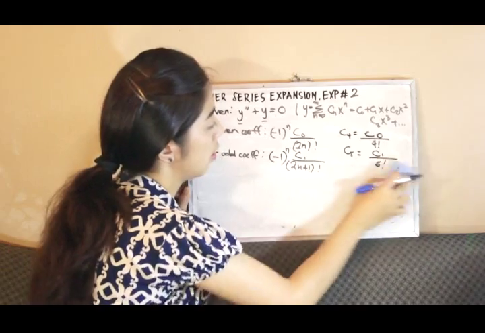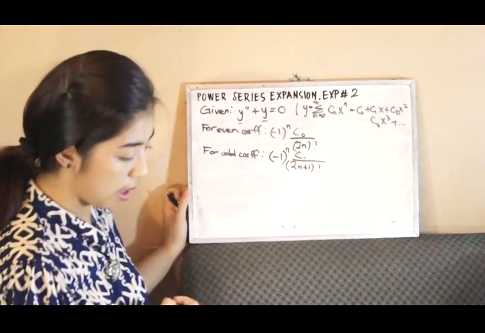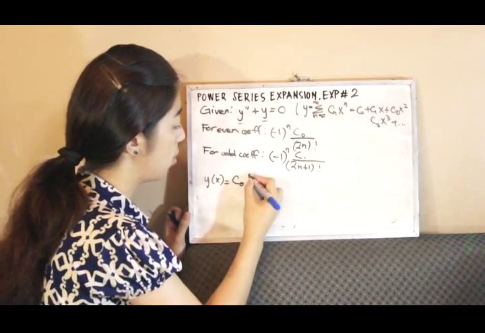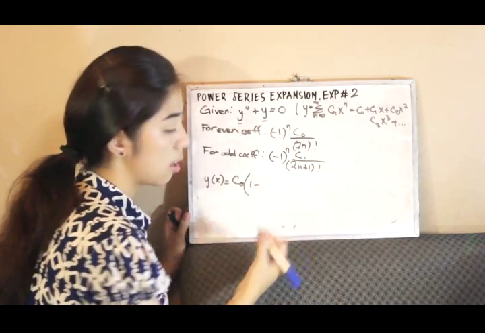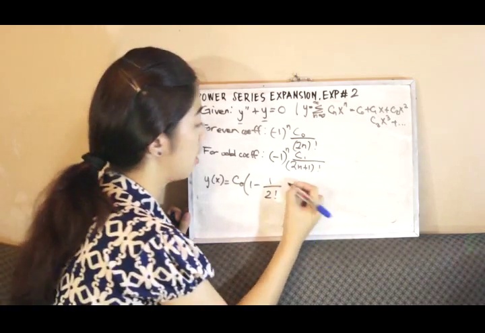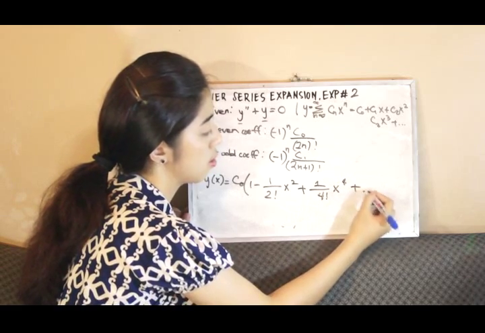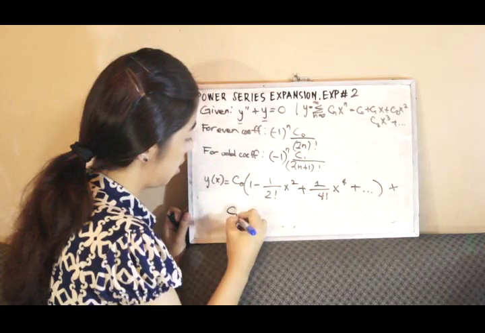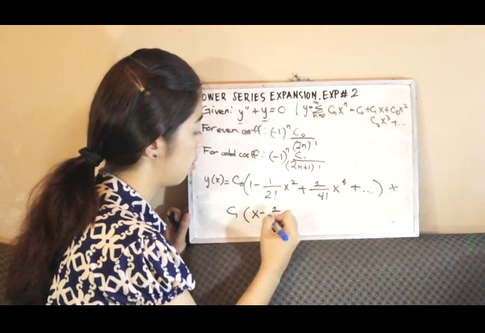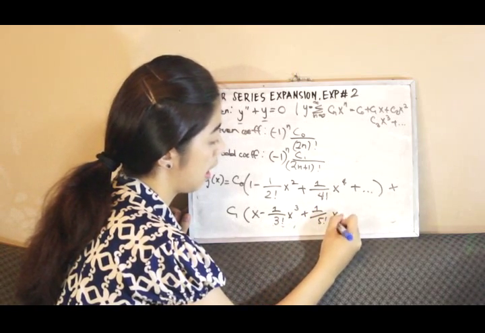Having this recurrence relation and rearranging all of the coefficients into this equation, we will have y as a function of x equal to c sub 0 times 1 minus 1 over 2 factorial x squared plus 1 over 4 factorial x raised to 4, and go on, plus c1 multiplied by x minus 1 over 3 factorial x cubed plus 1 over 5 factorial x raised to 5.